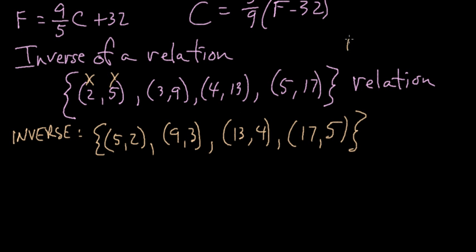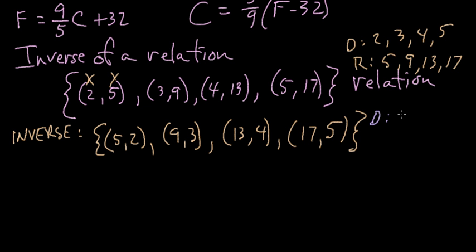Now the domain of this first relation is 2, 3, 4, and 5. The range is 5, 9, 13, and 17. The domain of this one is 5, 9, 13, 17.